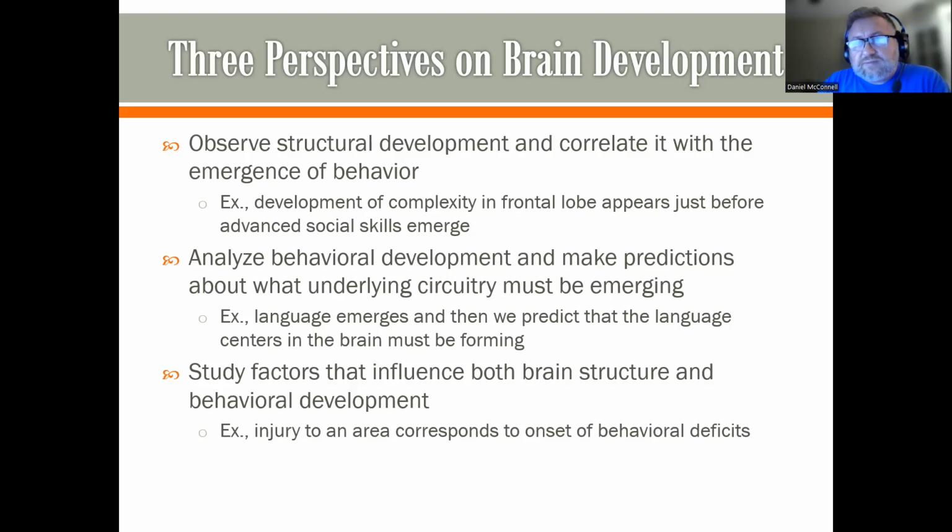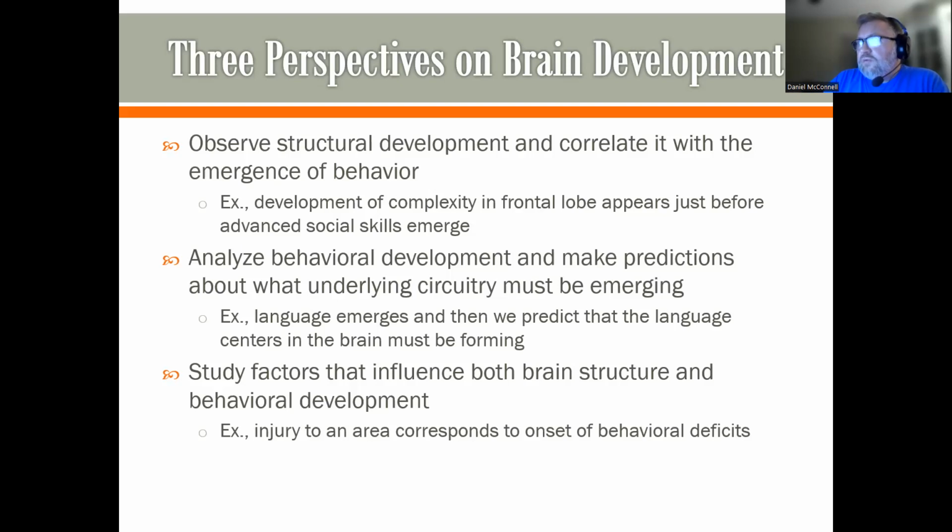So if we observe these particular structural changes, then we can also administer some sort of psychological, behavioral, cognitive, perceptual test to the infant or child and see what sort of changes are happening behaviorally as we are watching those changes in the brain occur over some period of time.